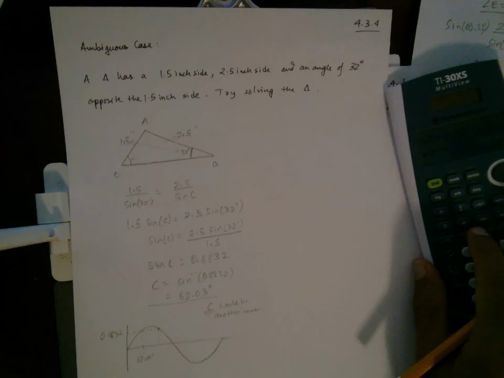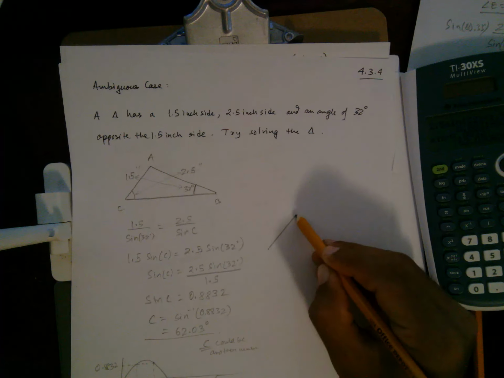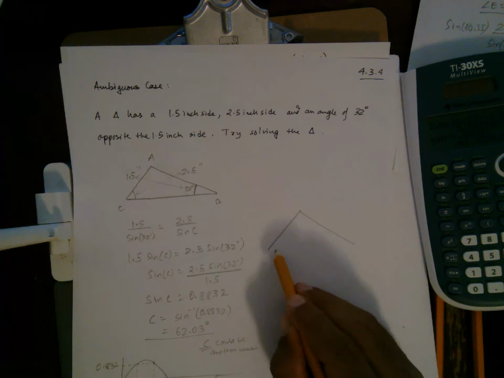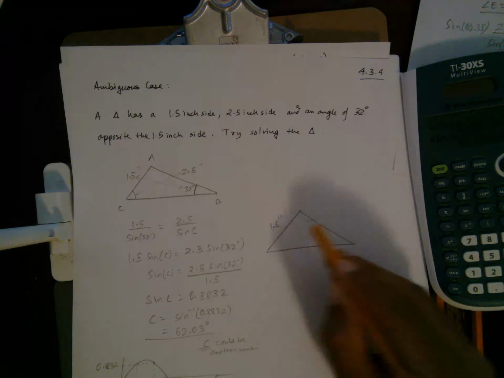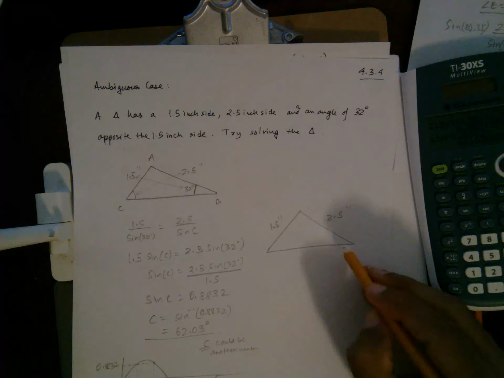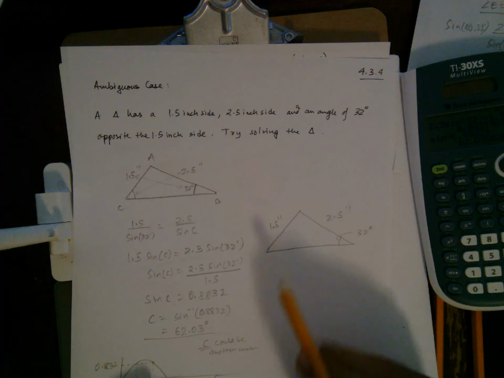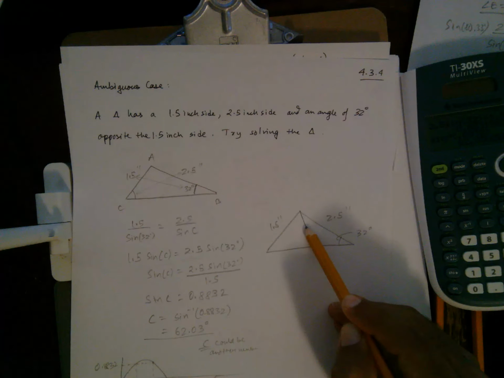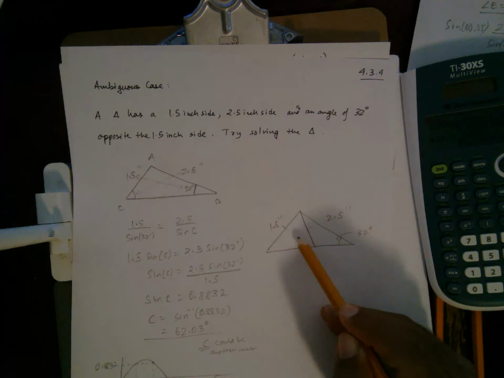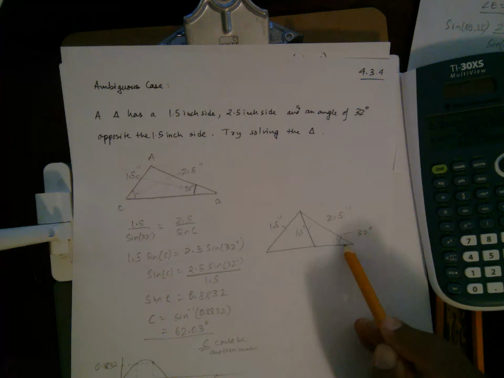In fact, in this particular situation, you can have two diagrams that are possible, and they're both going to satisfy all the conditions of the problem. That's the first diagram we made, but there's also another possibility. I could have an equal 1.5 side here, and I have this other triangle.